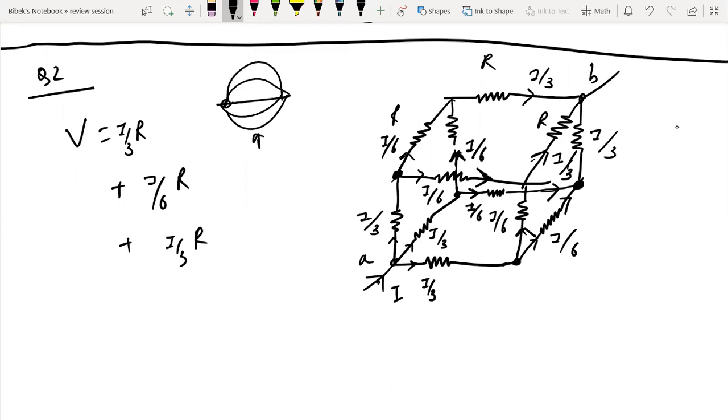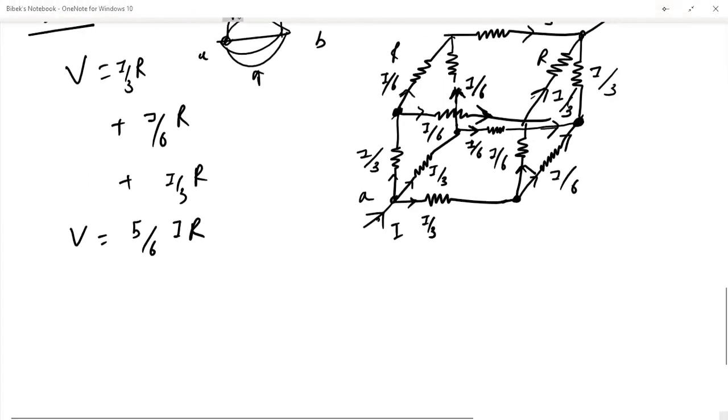The potential drop across each of these paths, no matter where you go, will be the same, okay? So that's your potential drop, which will be 5 over 6 times IR.